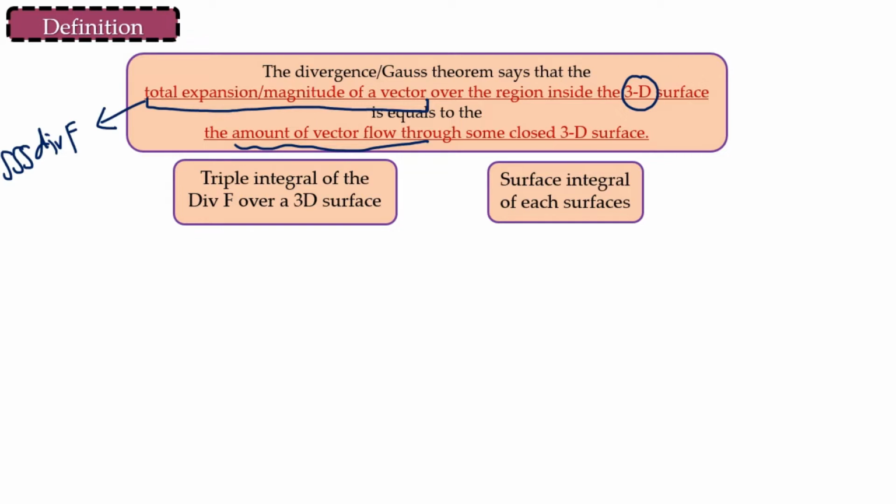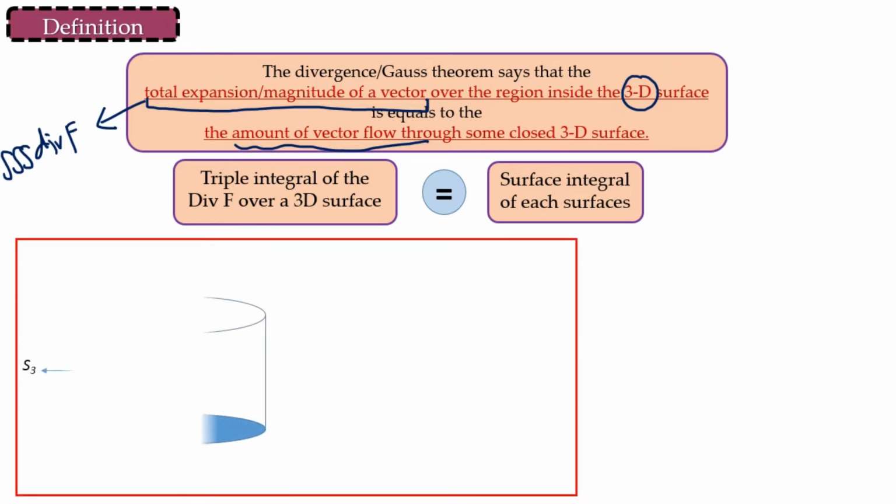So in this case, what the Gauss theorem says is that the triple integral of the divergence F over the three-dimensional region is equivalent to the surface integral of each surface. Let's say I have here a cylinder which consists of three surfaces.